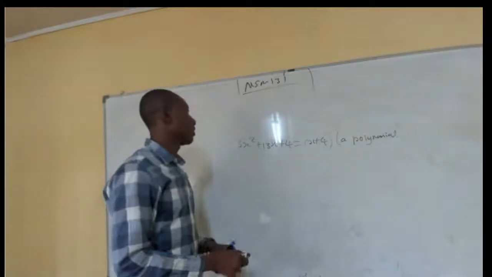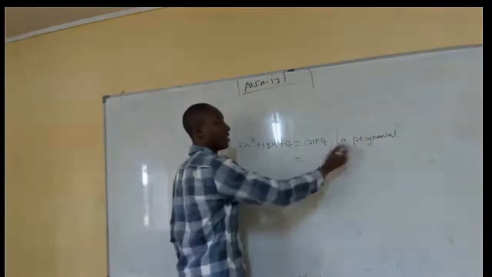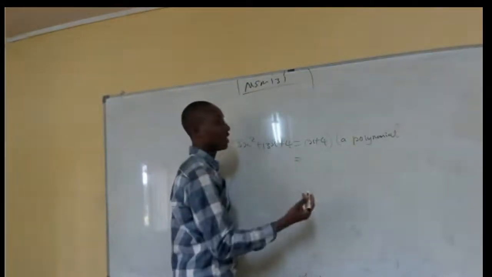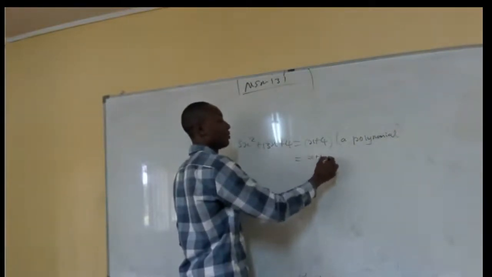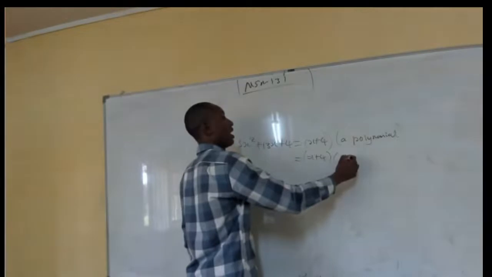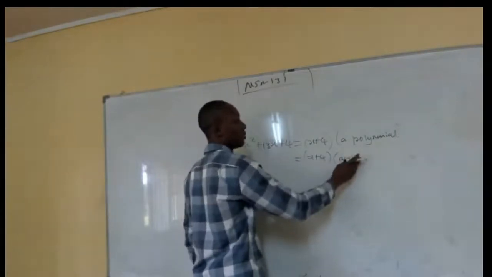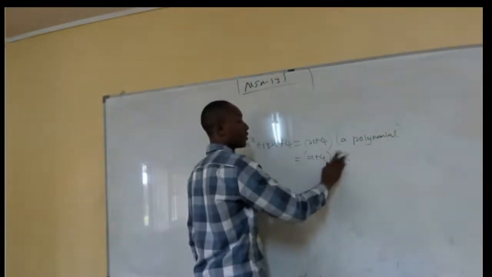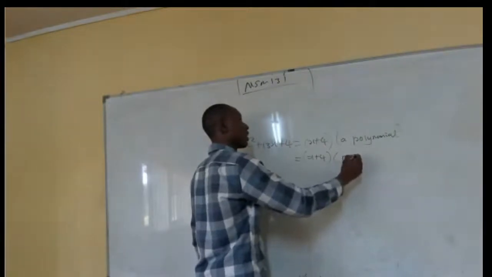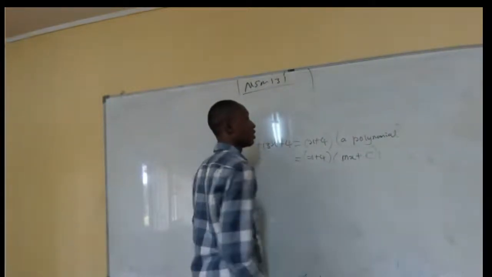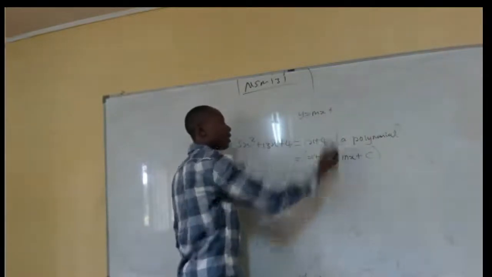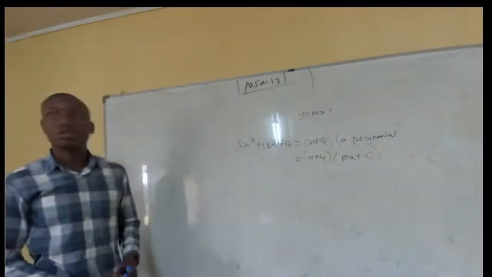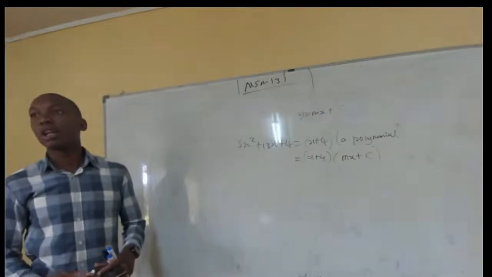So in short, I can write this polynomial as a straight line: we have x plus 4 multiplied by ax, or we can say mx plus c. Maybe because you remember y is equal to mx plus c, the equation of a straight line.